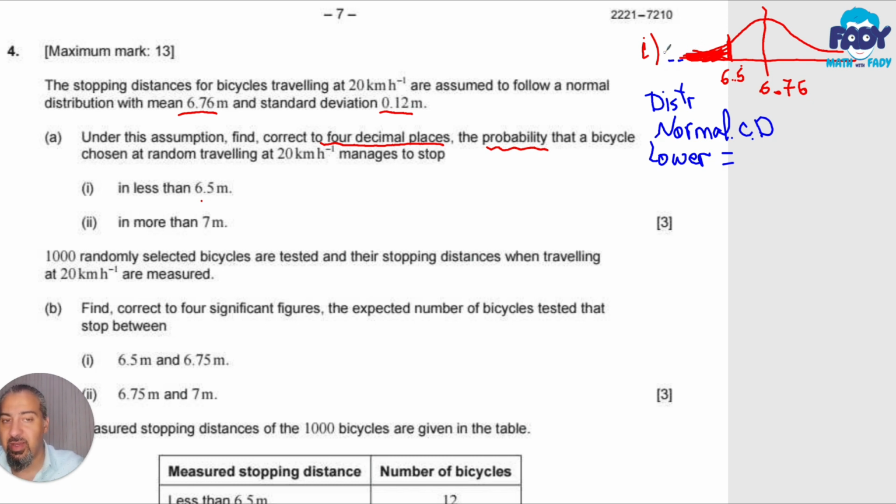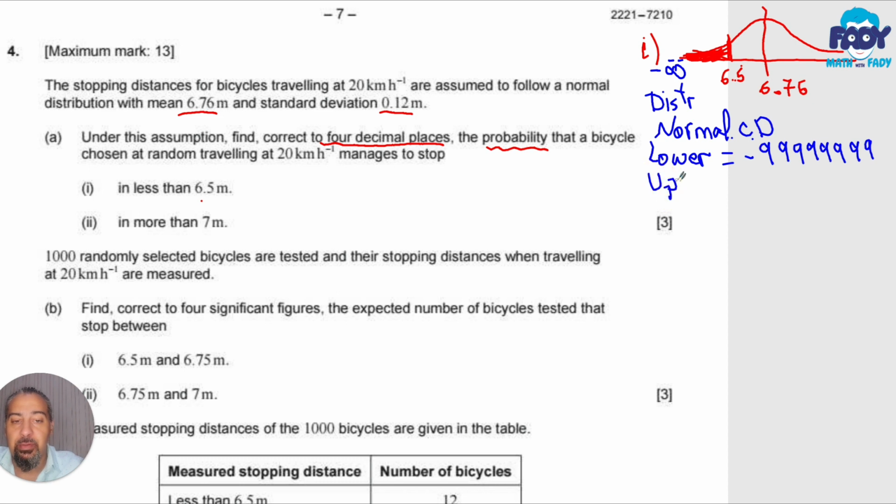The shaded area continues in this direction, which is negative infinity. How do we insert negative infinity in the calculator? We insert negative, and then press 99999, as many nines as you can write. This represents negative infinity. This is the lower boundary.